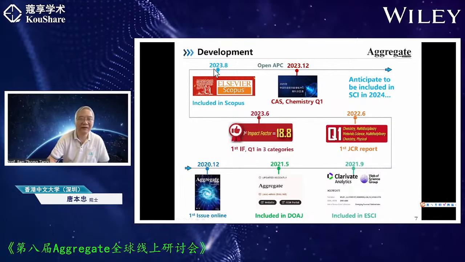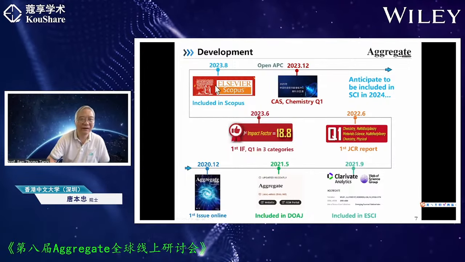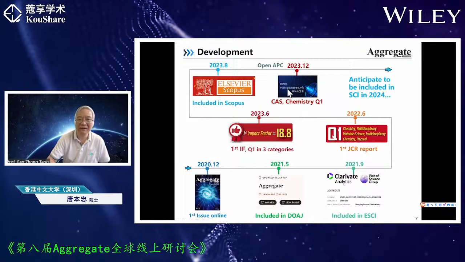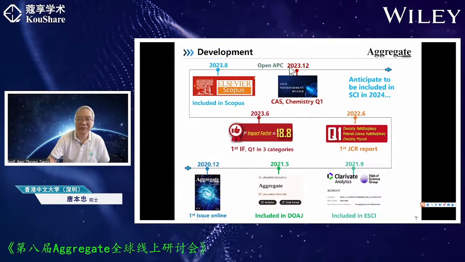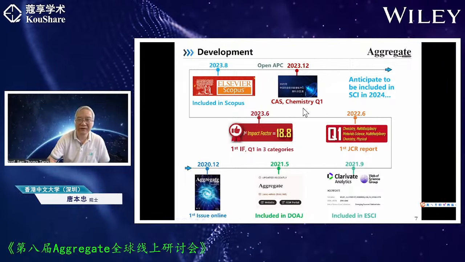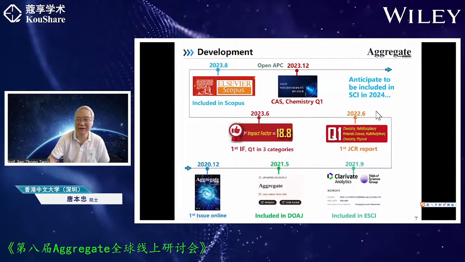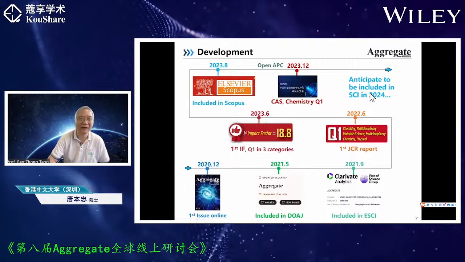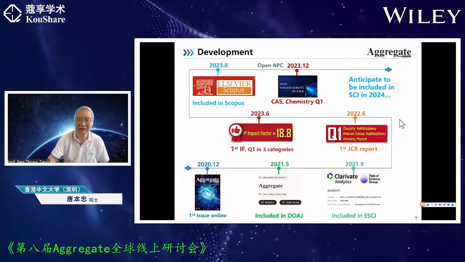In August 2023, Aggregate was included in Scopus. And the Chinese Academy of Sciences put our journal in the Q1 category of chemistry at the end of last year. It is anticipated that Aggregate will be included in SCI this year.